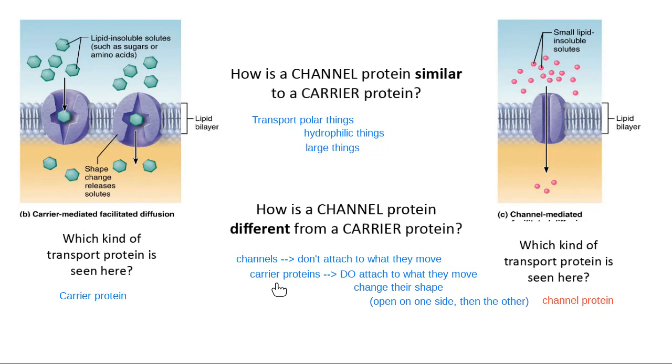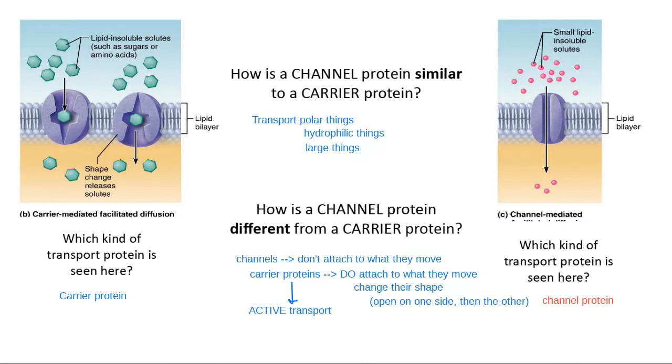The other thing we could add for our description of carrier proteins too, we talked about how carrier proteins help us do active transport. Remind me again in the chat, what does active transport mean? What's active transport?